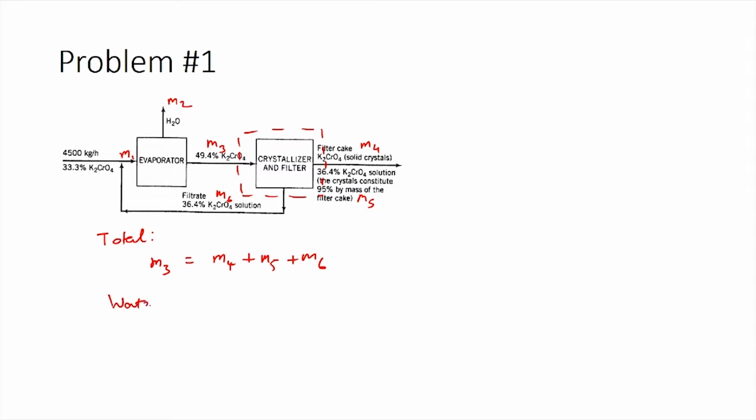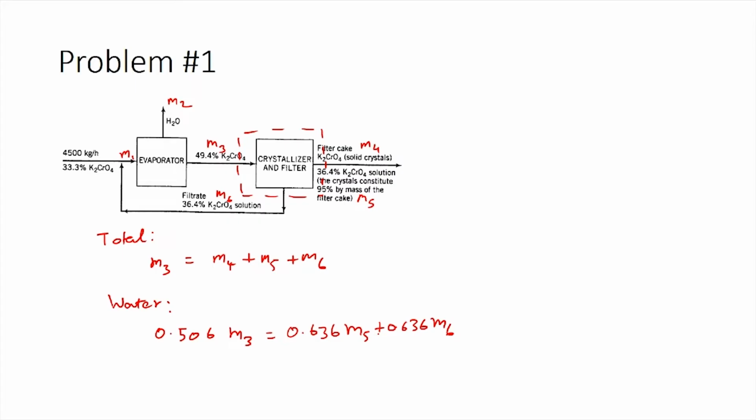So, the water balance would be 0.506 times M3 equals 0.636 times M5 plus 0.636 times M6. So, we already know the value for M4 and M5.